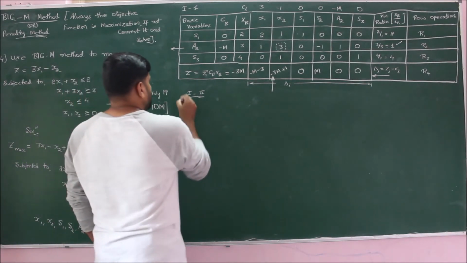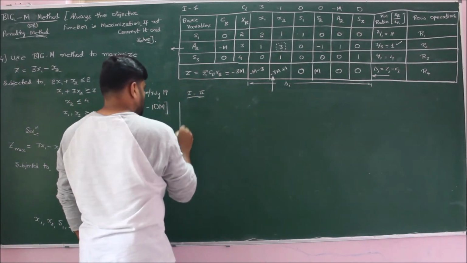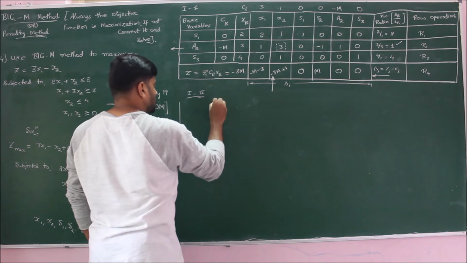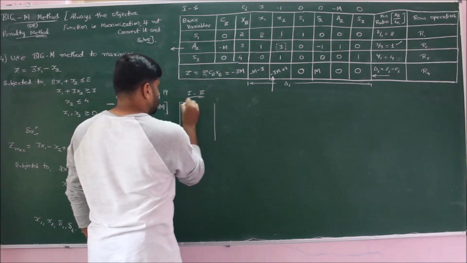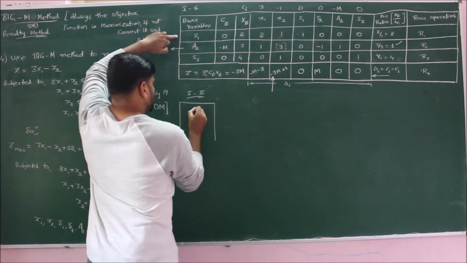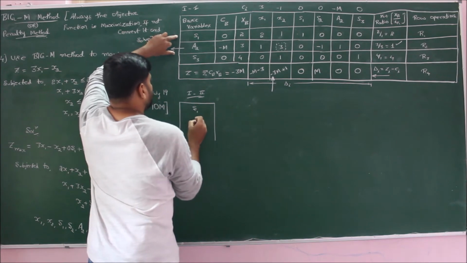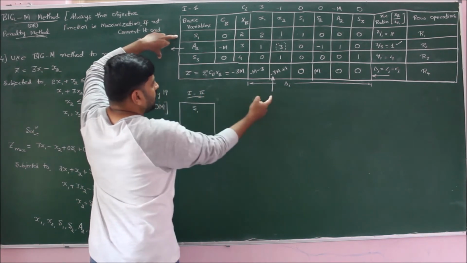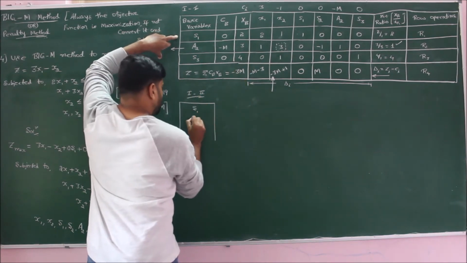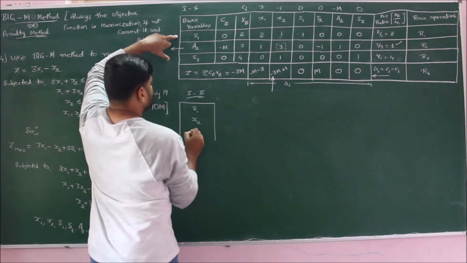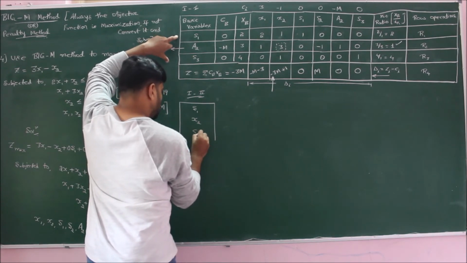Now the basic variable will be S1 is unaltered and A2 is outgoing and X2 is coming in, so therefore it is X2, and S3 is unaltered.